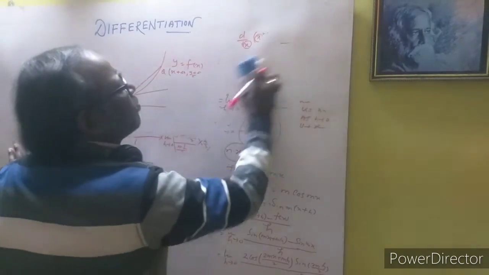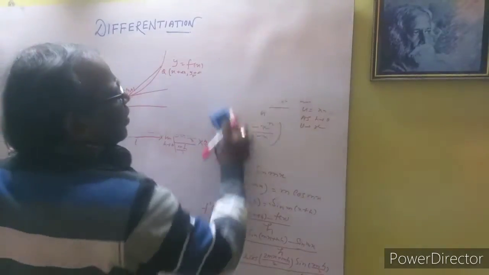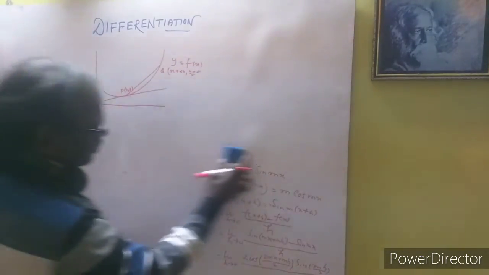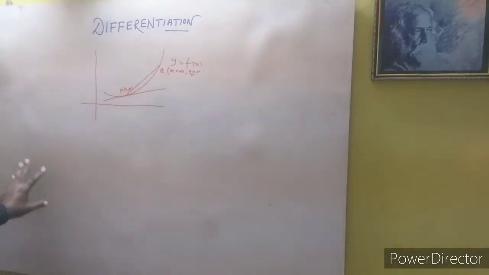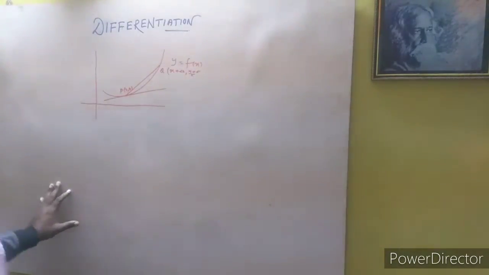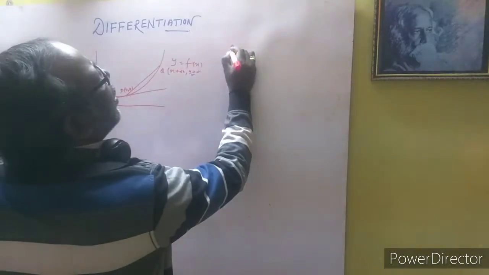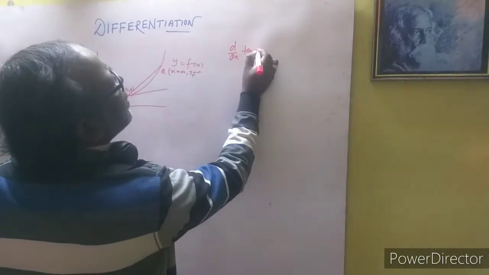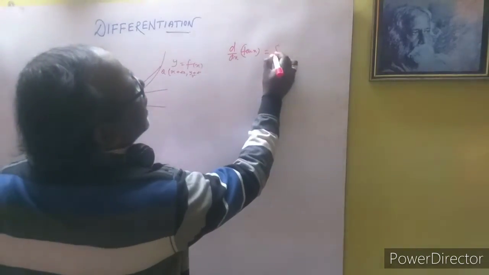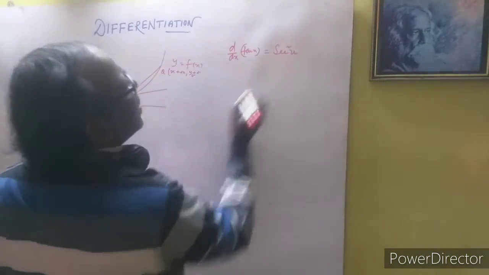See, here d/dx of tan x is equal to sec square x.